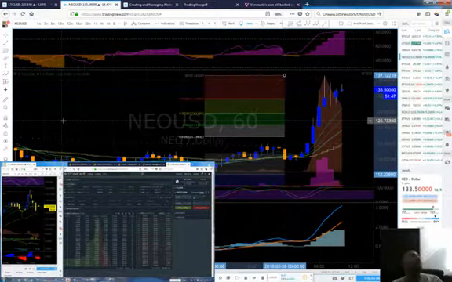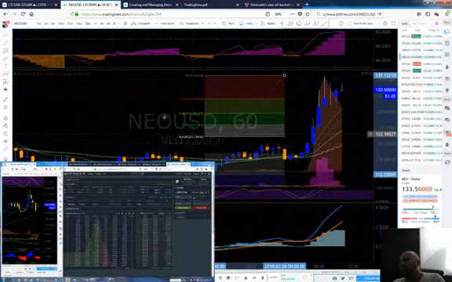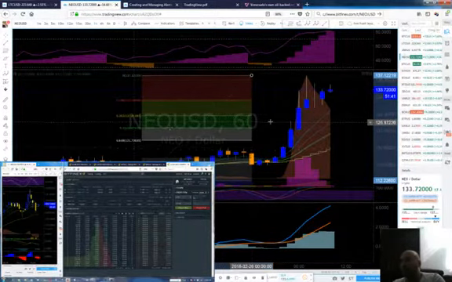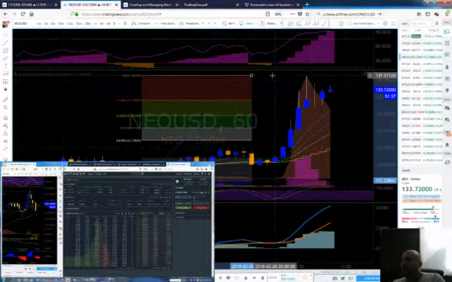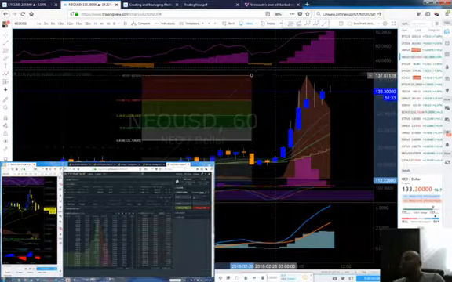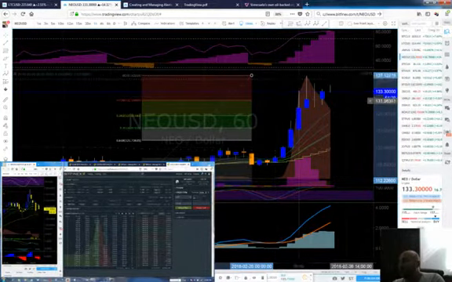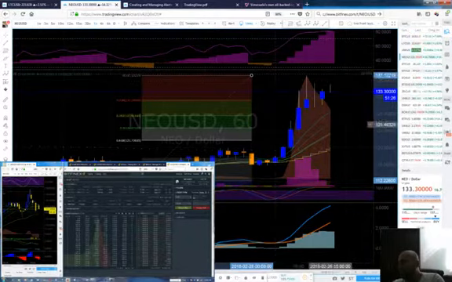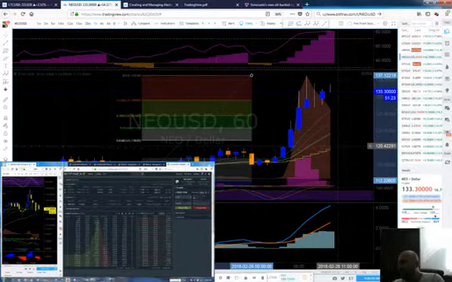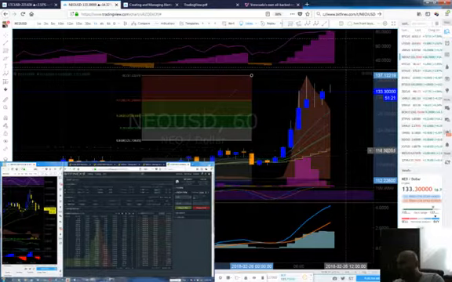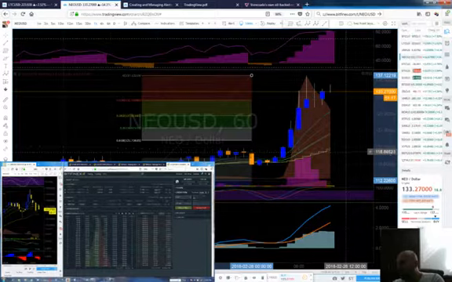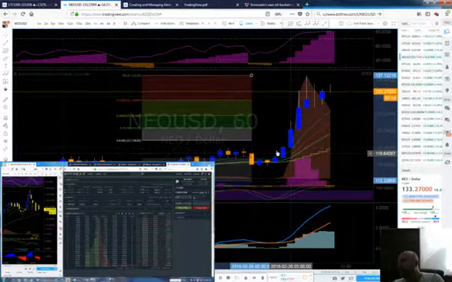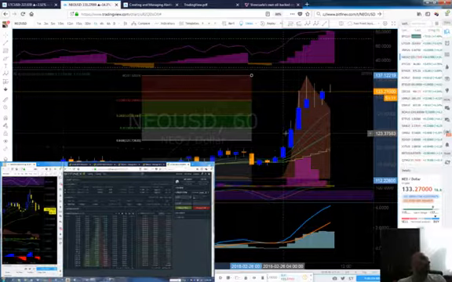But if the market is bullish, this is where it's good to know what you're buying or selling, because then you know what points, what targets, what prices you want to buy at. So I know Neo likes to retreat at least to like 18. So it's not a crazy idea that it will go back down to 18 at some point. It all depends on how crazy the market is today.